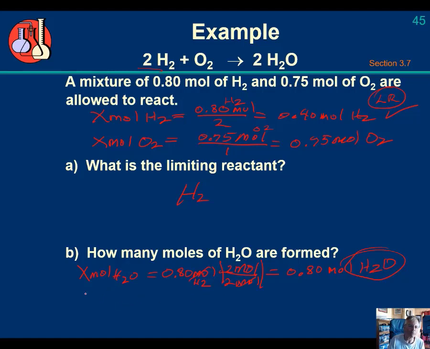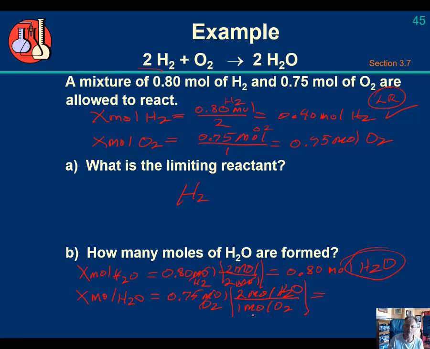Let's go ahead and prove that. So how about this? X moles of H2O. This time I'm going to choose as my limiting reactant my 0.75 moles of O2. My ratio for O2 is 2 moles of water to 1 mole of O2. Those are just the coefficients from the balanced chemical equation. This is my mole to mole ratio.